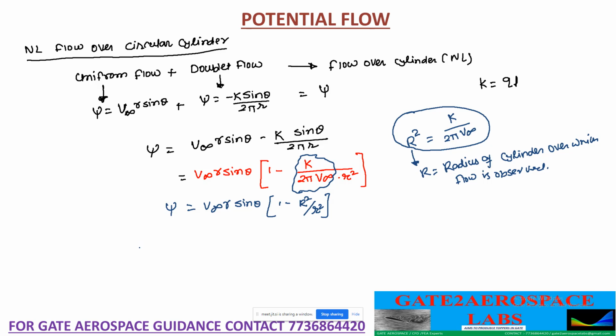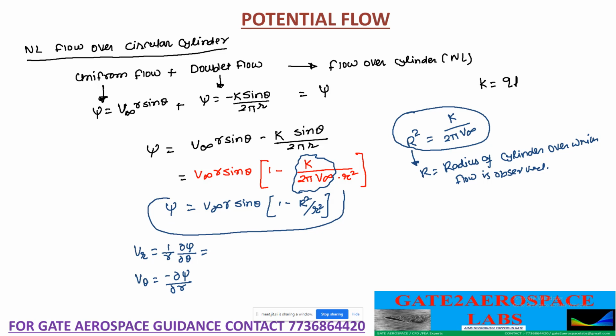If I have the stream function, we can express the radial component of velocity as 1 by r del psi by del theta, and v theta, the tangential component, as minus del psi by del r.